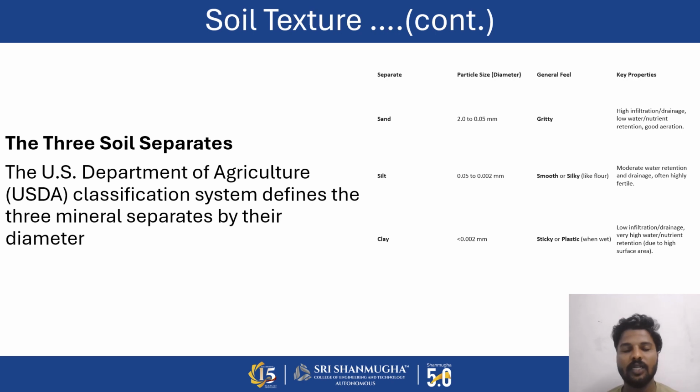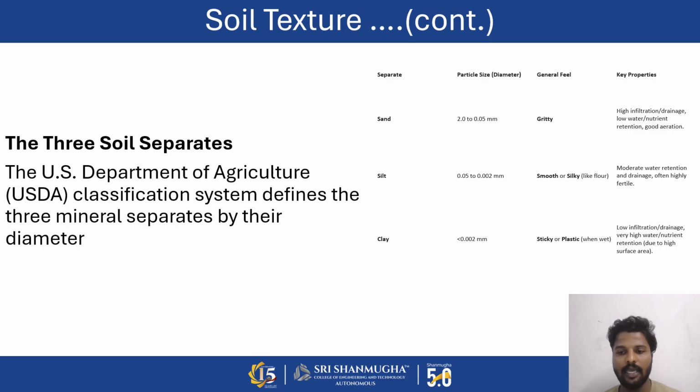So in continuation of soil texture, we're going to see the three types of soil separates. First, the sand, silt, and clay. You can see I tabulated the three separates at the right side, and their properties are tabulated. So first one is sand, and silt and clay.